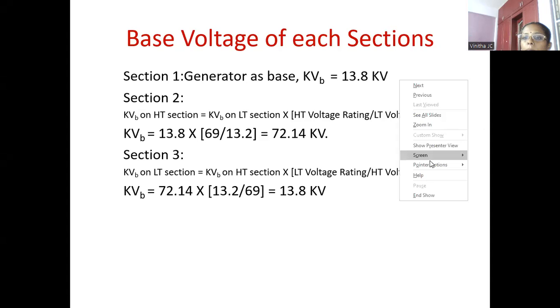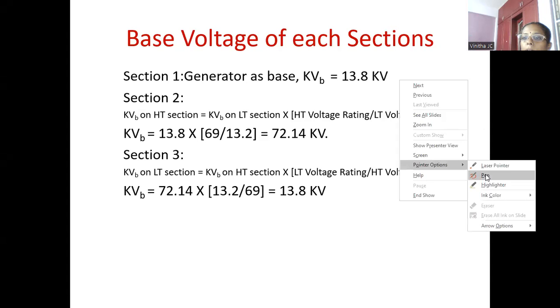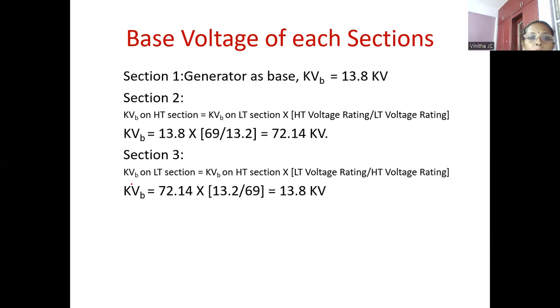So here, kVB on LT side of transformer T2 is equal to kVB on HT side of transformer T2 into LT voltage rating divided by HT voltage rating.